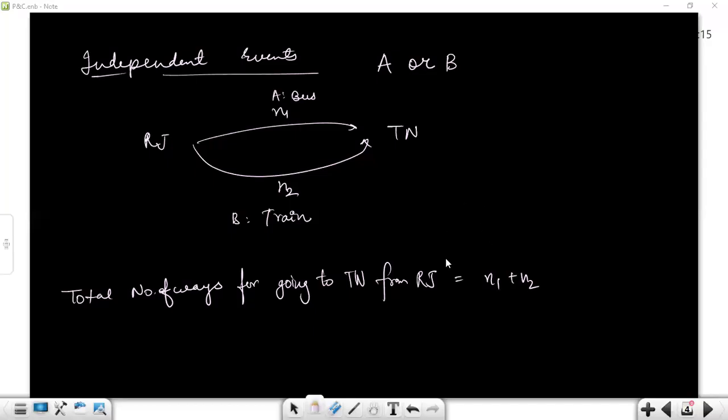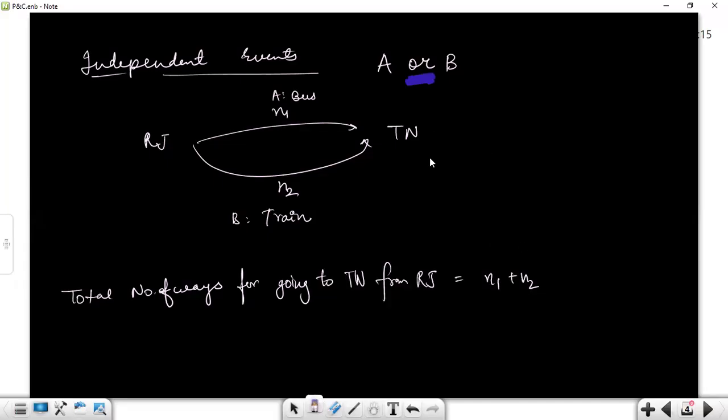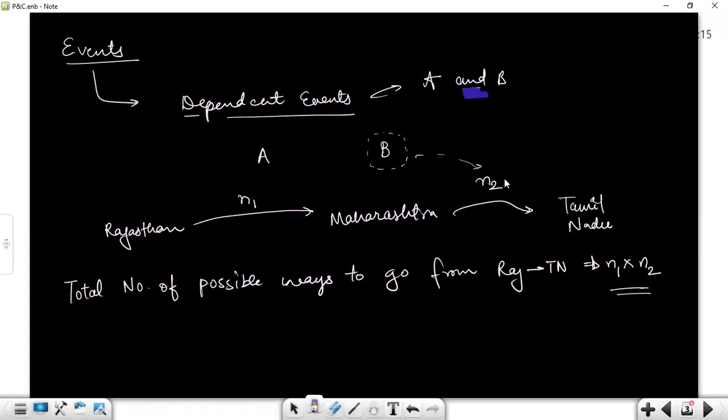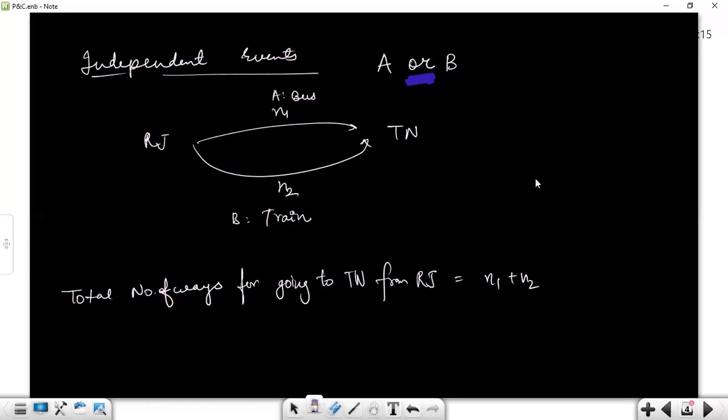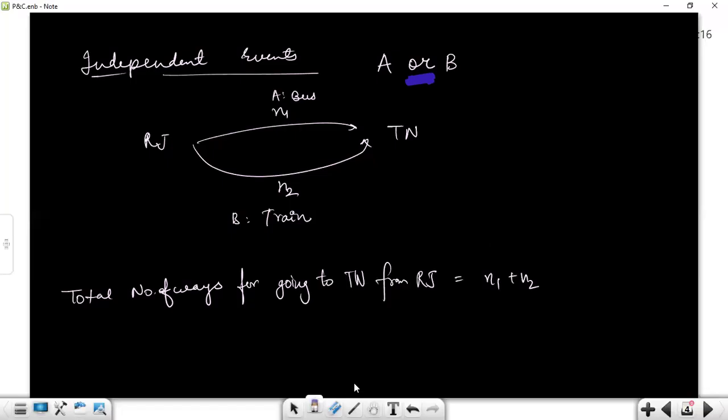Is this clear, everyone? Yes, sir. Yes, so it is so. Please note this particular thing, that "or" and "and" are important here. Okay, let me summarize and write it in a separate slide also. So this is the fundamental principle of counting.